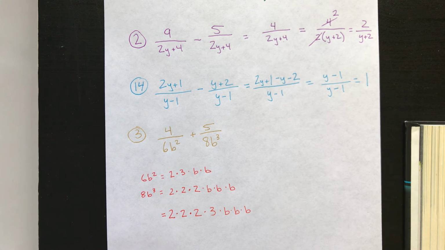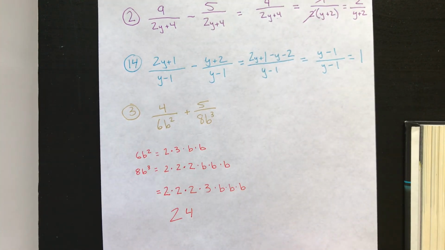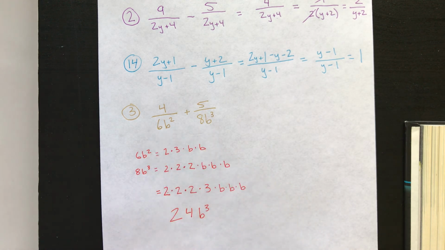So what does this equal? 2 times 2 times 2 is 8, times 3 is 24, and then 3 b's. So our least common denominator here is 24b cubed. And that's what we're going to be using up here when we're doing this problem.